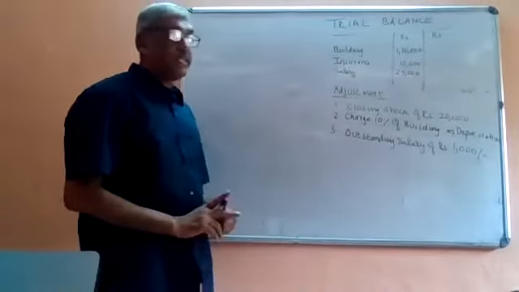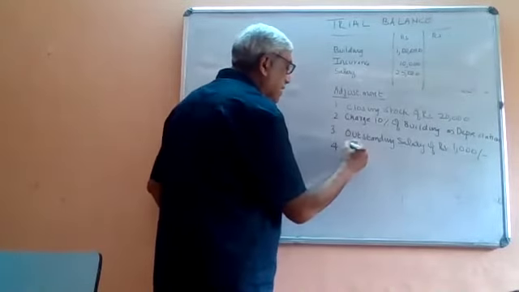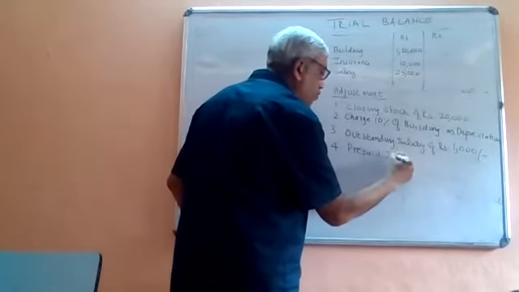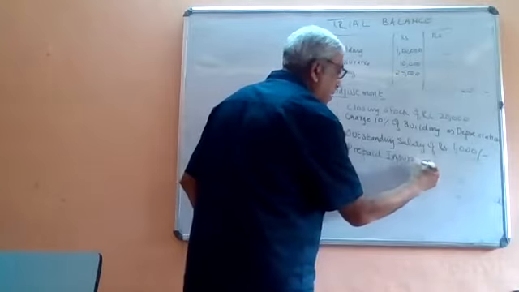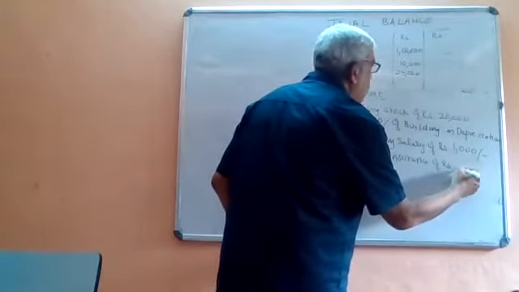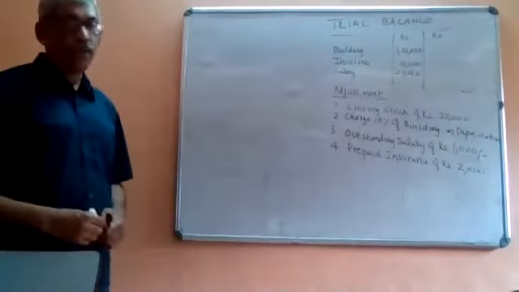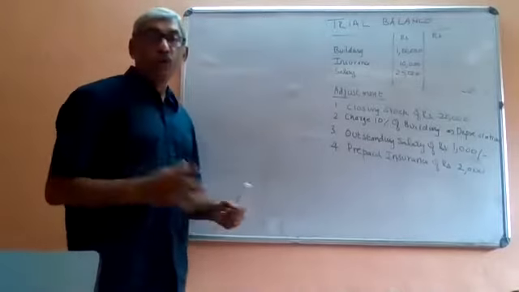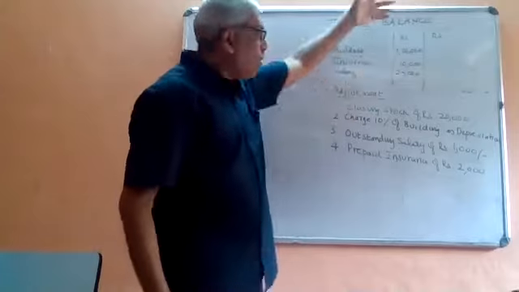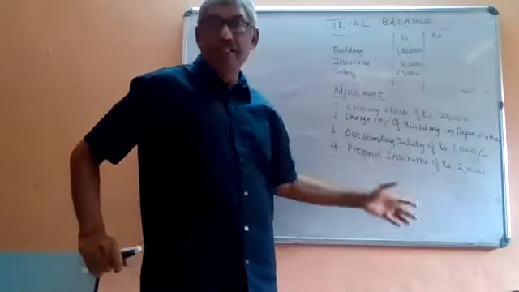And fourth, there is a prepaid insurance of rupees 2,000. So this is how the question will come. They will give you a trial balance. There will be a lot of entries in the trial balance. At present, I have taken only a few, and there will be adjustment entries.